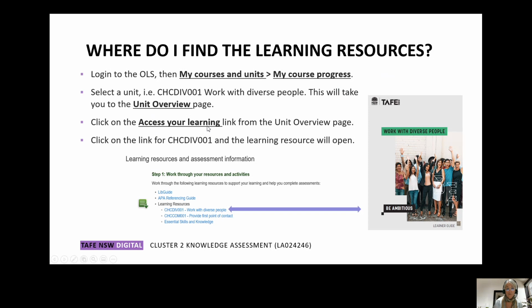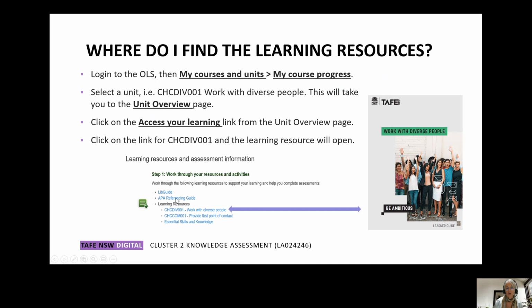When that page opens up, it'll bring you to this page here, which says Learning Resources and Assessment Information. You will have this same page for every unit, with different content for each one. When you go to My Unit and follow the instructions, you'll come to this learning resource page and you'll always have library guides for every unit.